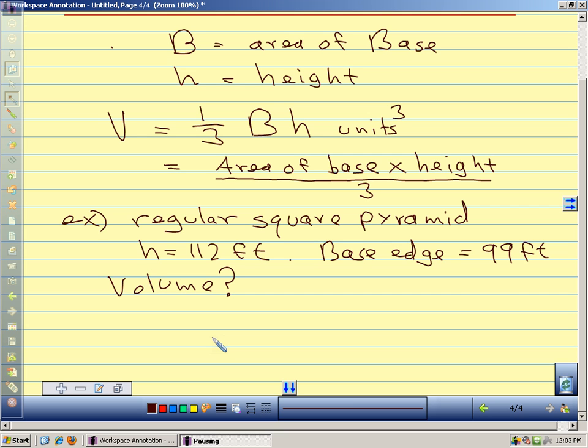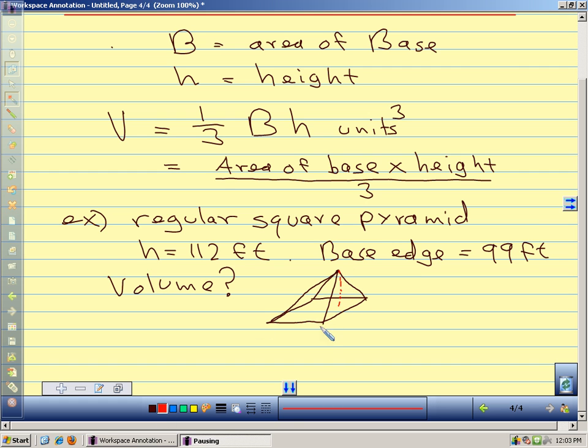Now if the problem gives you numbers, it can be very helpful to draw a picture. So I have a regular square pyramid, and I'm just going to draw a sketch here. My base is a square. So there's my pyramid, and my height, I'm just going to sketch it in here, like so.